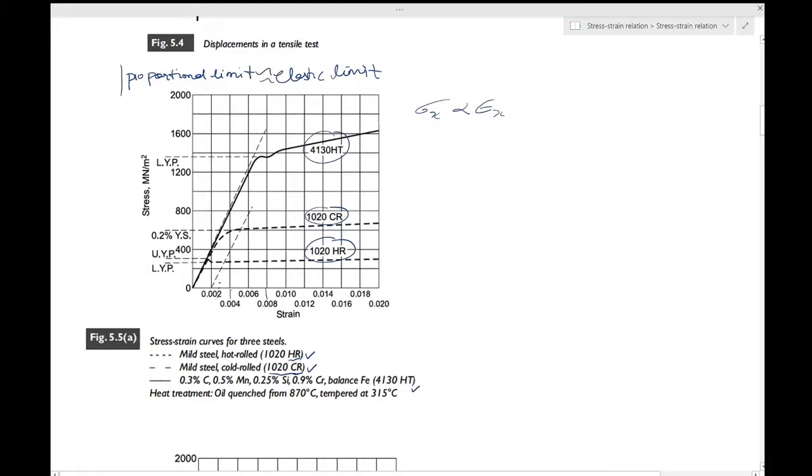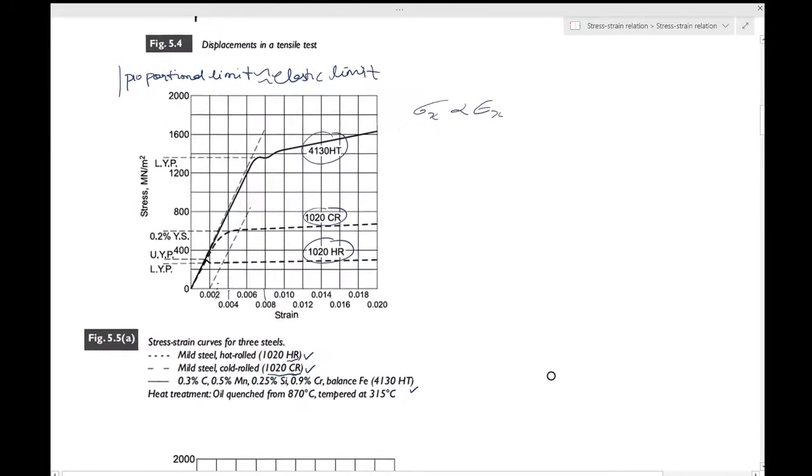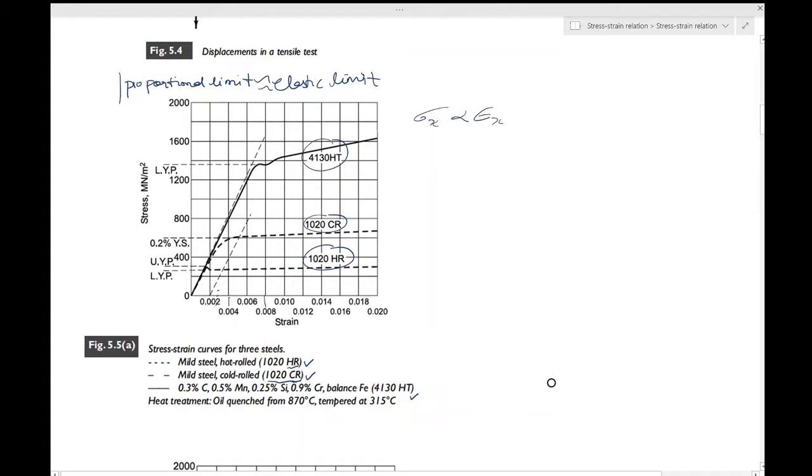Now please do not mistake that they are the same things. They are not; they are what their definitions are. It just so happens that for these kinds of materials shown in figure 5.5, there is a negligible difference between proportional limit and elastic limit, and hence they are shown or assumed to coincide, but they do mean different things.